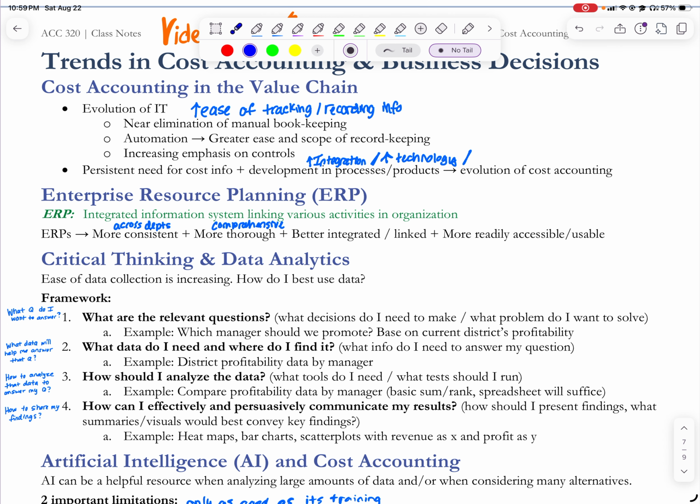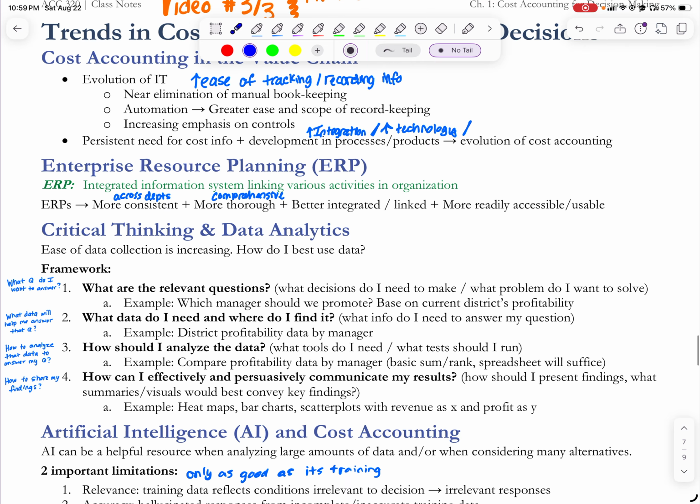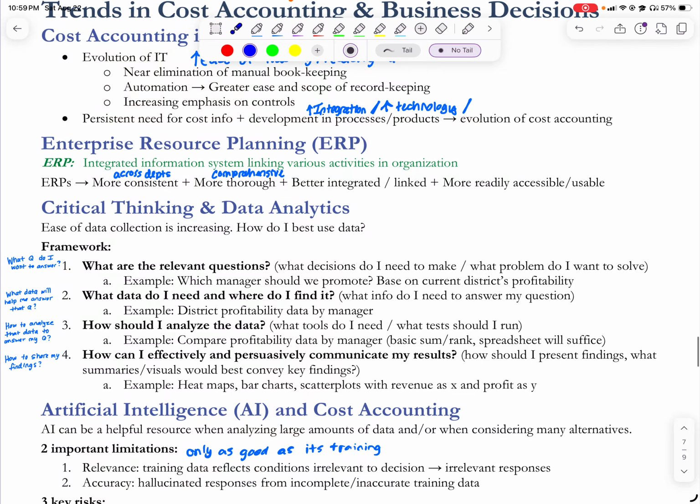Much of this change, obviously driven by the technology available to us, also driven by the demand for cost information. As it's easier to collect it, there's been a greater demand for different types of information. Additionally, we've seen a lot of development in the products we make and the processes we employ to make those products, where increasingly machines or automation are used even at that production line level, which makes it easier for us to generate and capture different types of information.